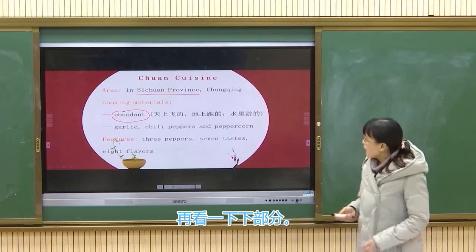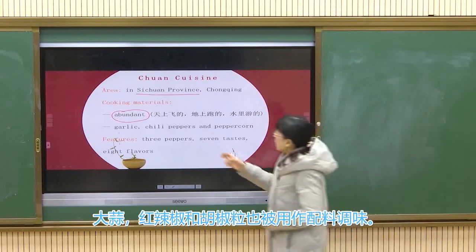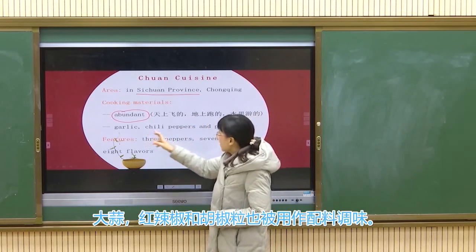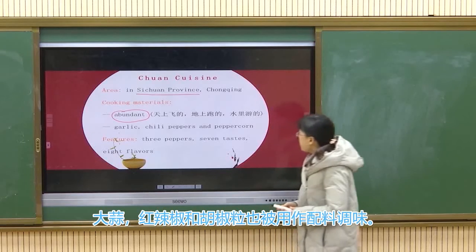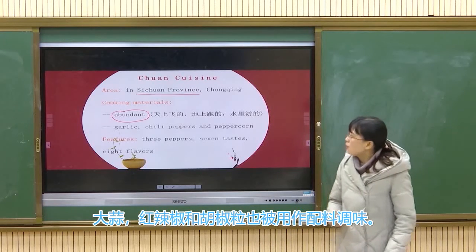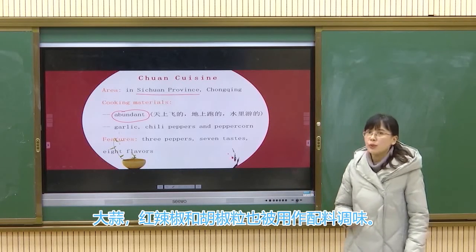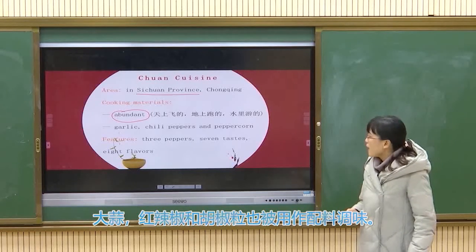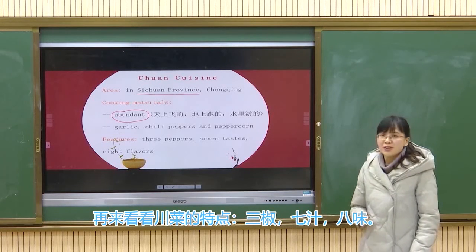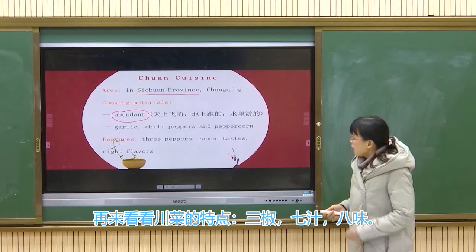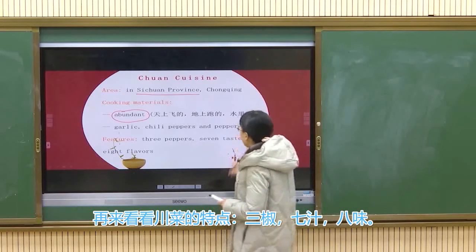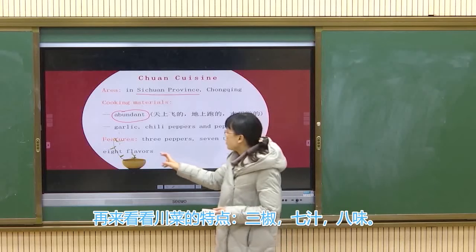And then let's look at the next part. The cooking materials, garlic, the chili peppers, and the peppercorn are often used as the cooking materials for Chuan cuisine. And then let's look at the features. Features: 3 peppers, 7 tastes, and 8 flavors.